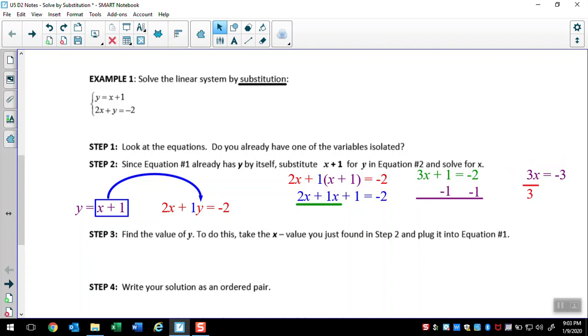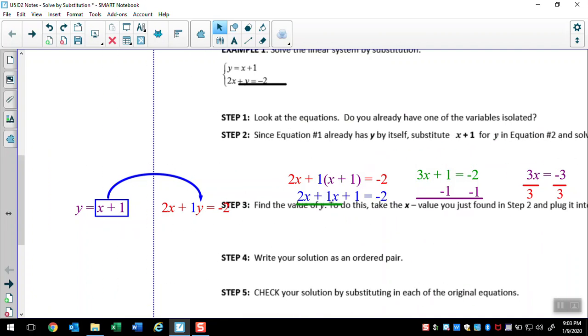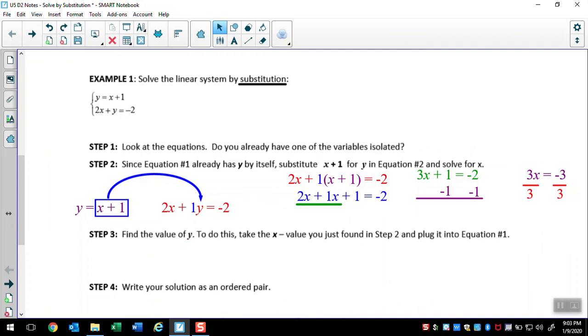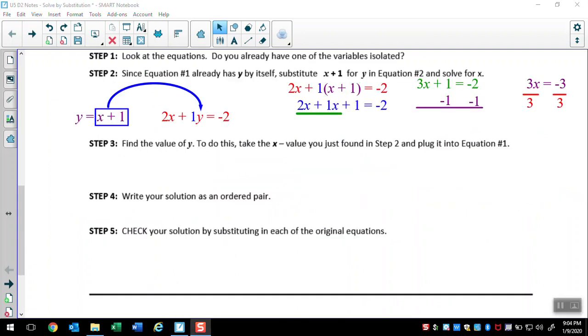And divide both sides by 3. 3's cancel out. Alright, my 3's will cancel out, and we are left with x equals negative 1.